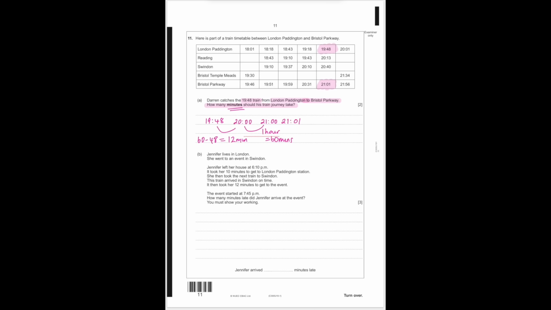Remember, we want it in minutes. And then from 9 till 9:01 is 1 minute. So we want the total minutes. So we are interested in 12 minutes plus 60 minutes plus 1 minute. So 12, 60 and 1. So that's 73 minutes in total.